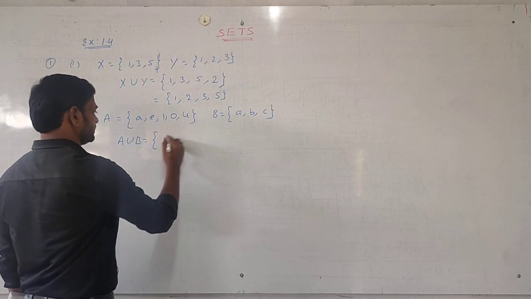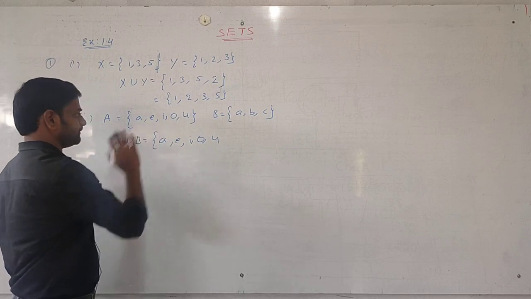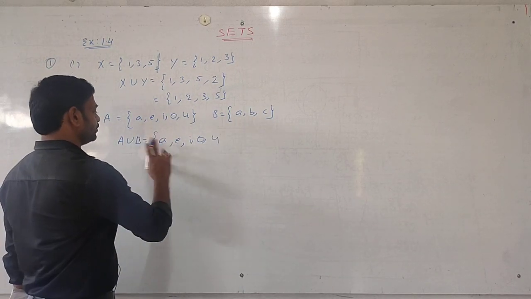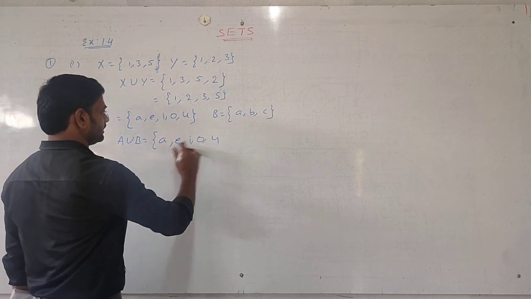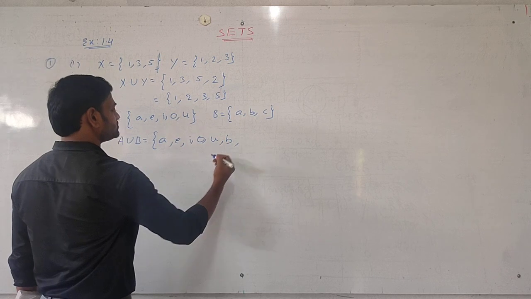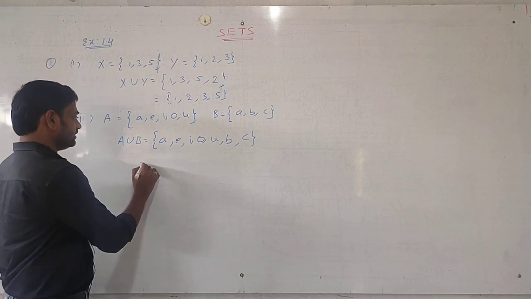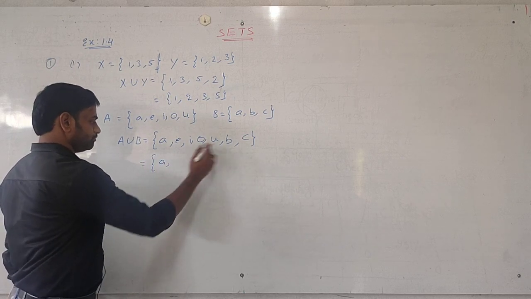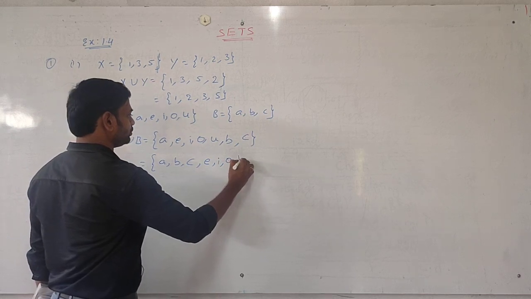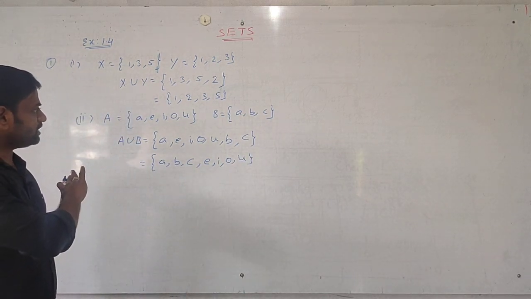A is already there: A, E, I, O, U. I wrote A first. Next, what are B's elements? A I already wrote, leave it. B I didn't write. Next C. So if you write clearly, it is {A, B, C, E, I, O, U}. So all the elements of A as well as B.